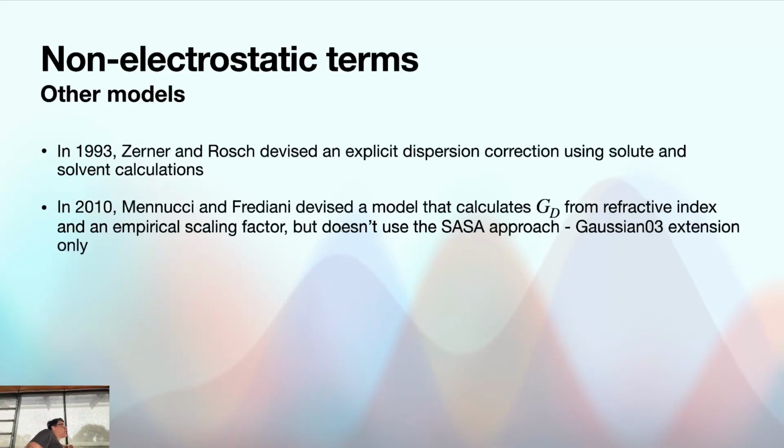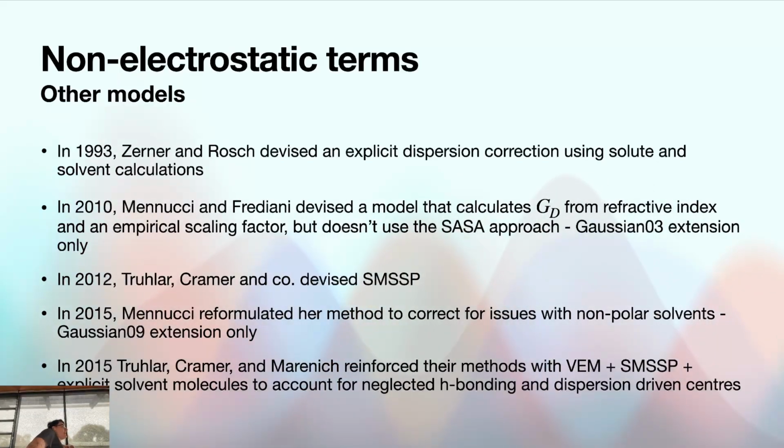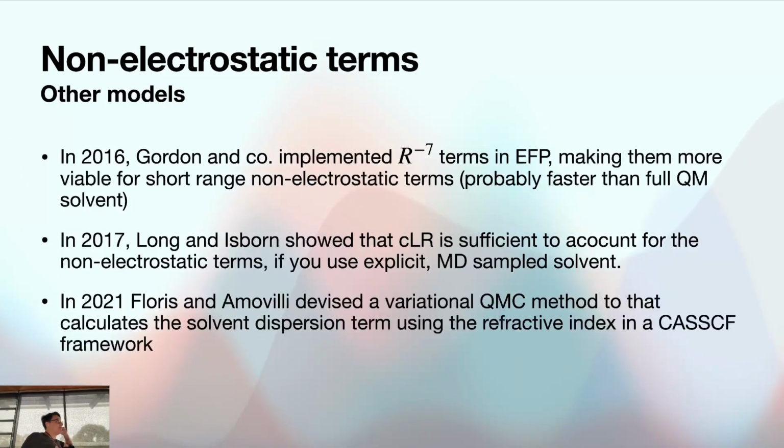Some other models that were used, essentially all I'm trying to get at here is that everything on this slide uses the same approach of refractive index to calculate some sort of dispersion correction, and everything on this slide takes a slightly different approach.